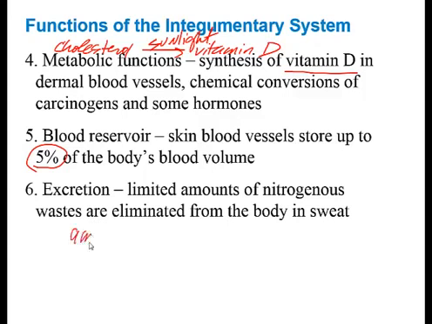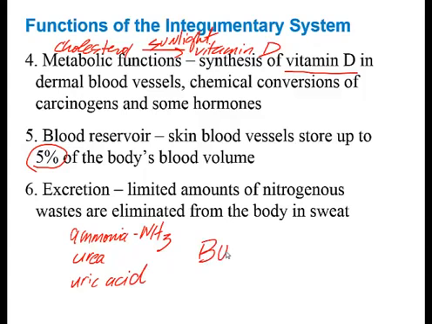And these would be things like ammonia. Ammonia is NH3. There's also urea, and there's uric acid. Now they do a test in the hospital which is called the BUN, and that stands for blood urea nitrogen.